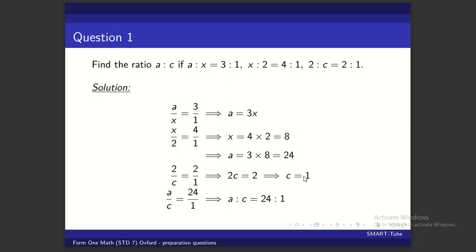Now you have the value of C. But the question is to find the ratio of A to C, so just substitute A, which is 24, and C, which is 1. So the ratio A to C is 24 to 1. This is the solution.